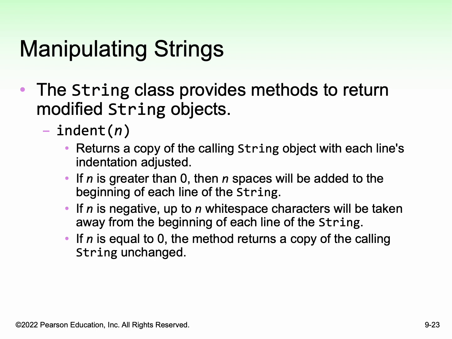So pretty obvious: if your number is positive, you add characters, and if your number is negative, which stands for minus, then those white spaces will be deleted from the beginning of your line. If n is equal to 0, then nothing happens, and this method will return just the same string that you used this method on.